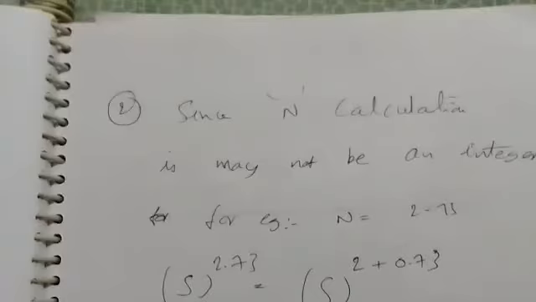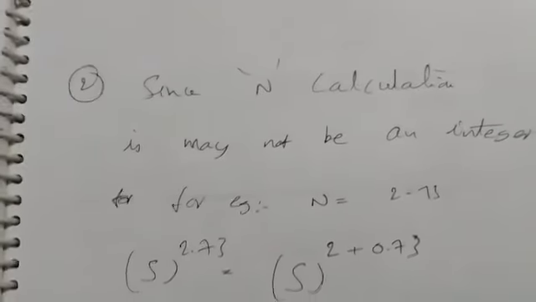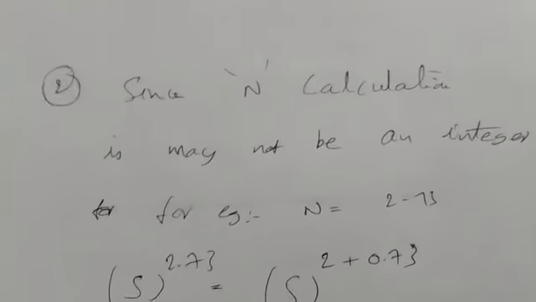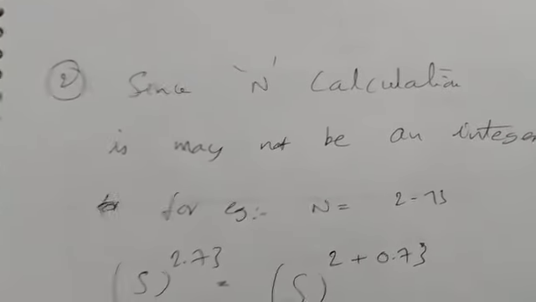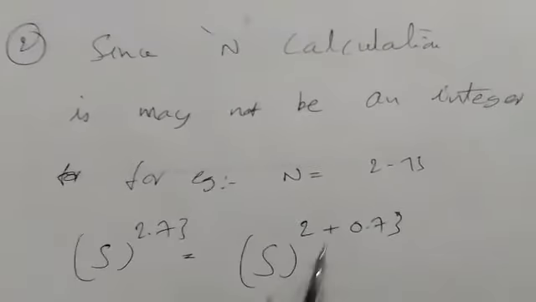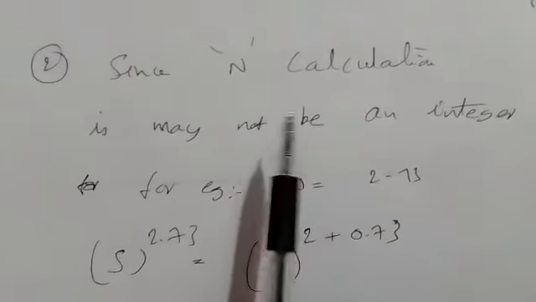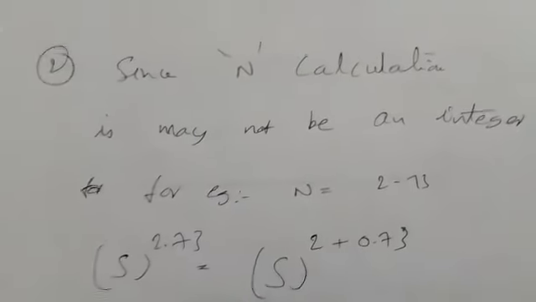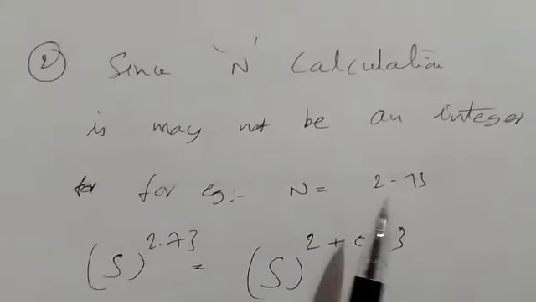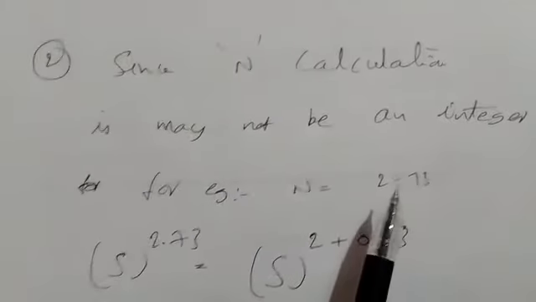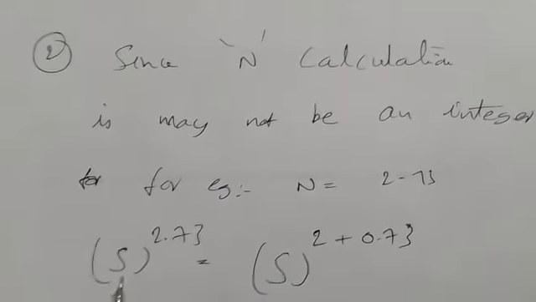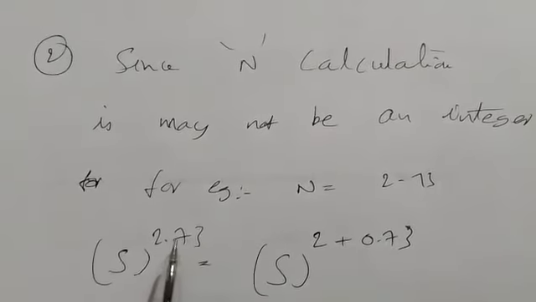And the second important point is that, whether in the first method or the second method of calculating the order, the final order value may not be an integer; it may be a real value or an integer value. Suppose for example n is equal to 2.73, that means the power of the filter is s power 2.73.